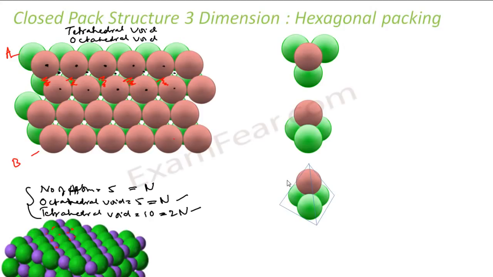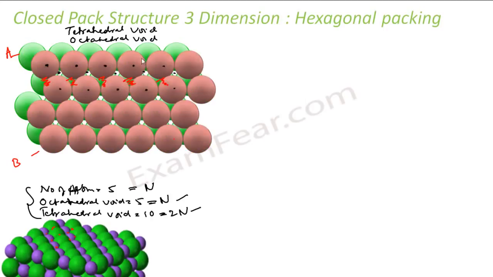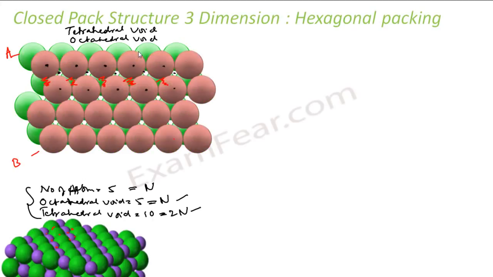Now let's talk about the octahedral void. Look at these things, look at this area. Look at maybe 3 green spheres here. On this, we will put the red ones like that, 3, correct? 3 green in this triangle and then 3 red in this triangle, and that will form octahedral void.